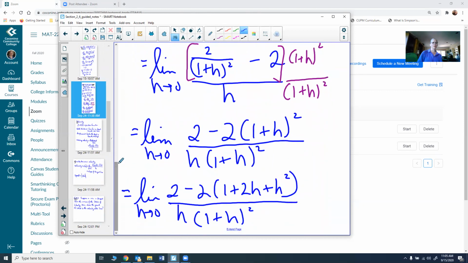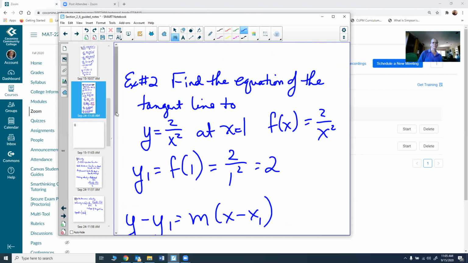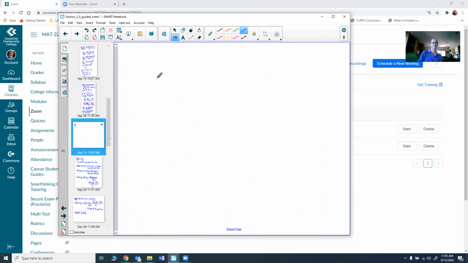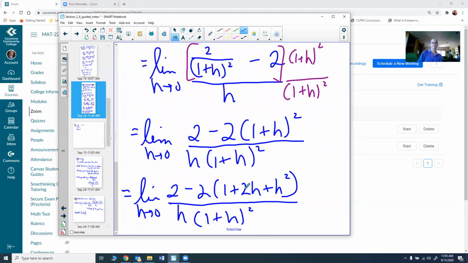Now we need to simplify this, and I think we're going to go to a new page because we're getting a little long here on this page. What we had here at the bottom is this limit. We're going to multiply through and then collect like terms. So we have the limit as h goes to 0 of 2 minus, and what I had here was negative 2 times 2h plus h squared.